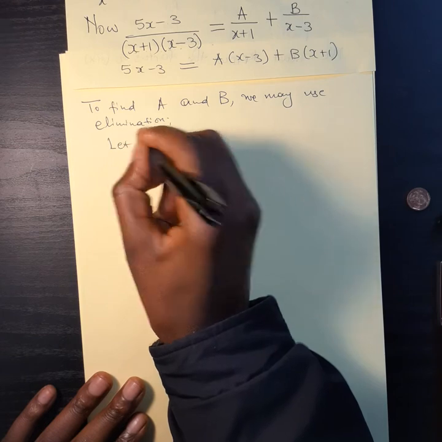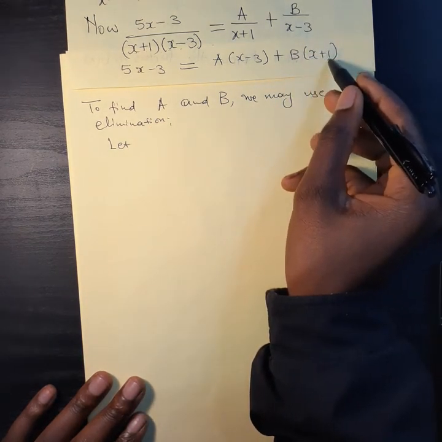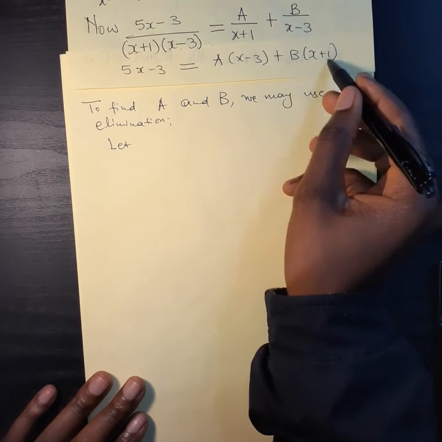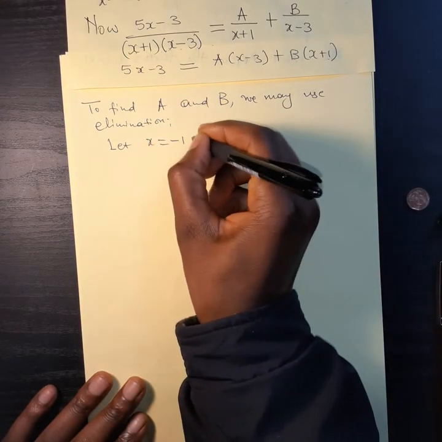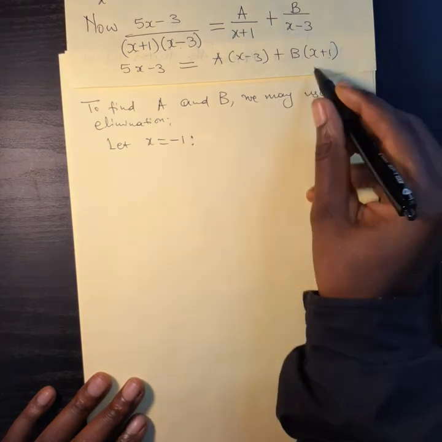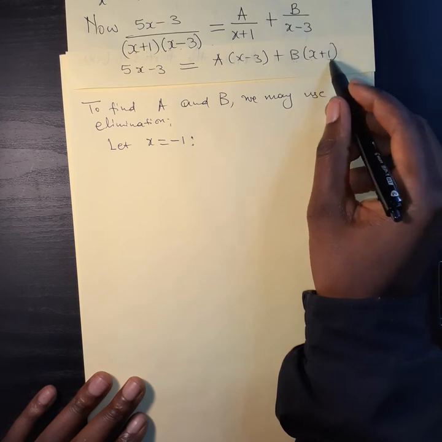You just say, if you come here, you let x plus 1 to be equal to 0, then x will be equal to minus 1. So you let x to be equal to minus 1, knowing very well that when x is minus 1, this will be 0.